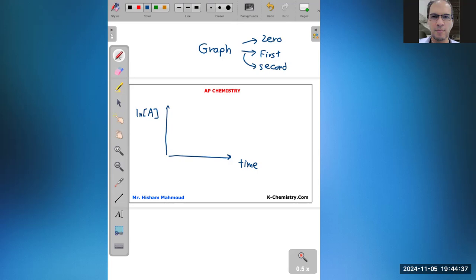If you get a straight line, then you will know this is first order automatically, without having to do anything else in the experiment.